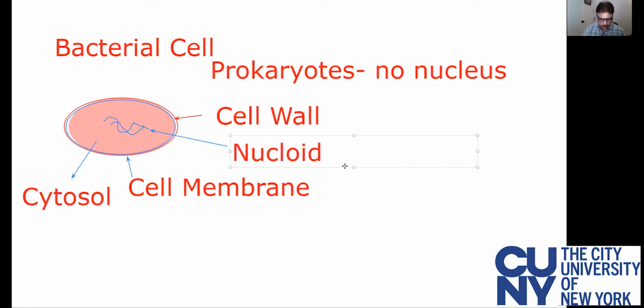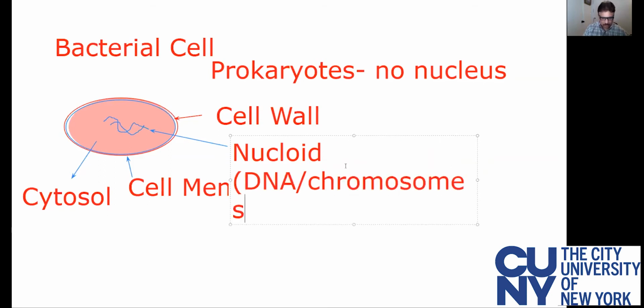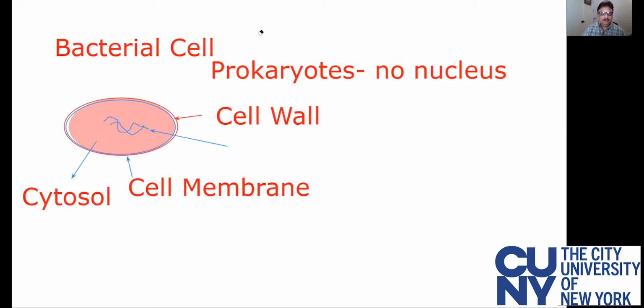And this nucleoid is essentially the DNA or bacterial chromosome. Since there is no nucleus present, this is called a nucleoid.